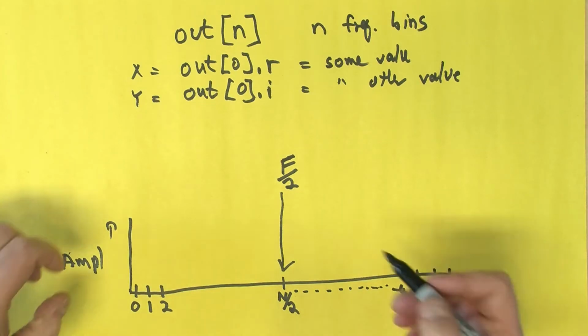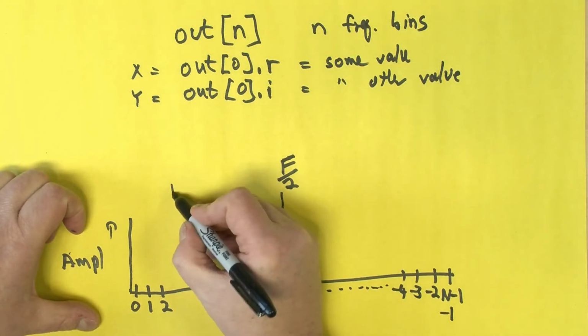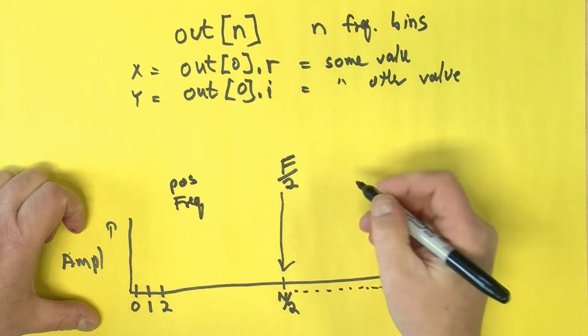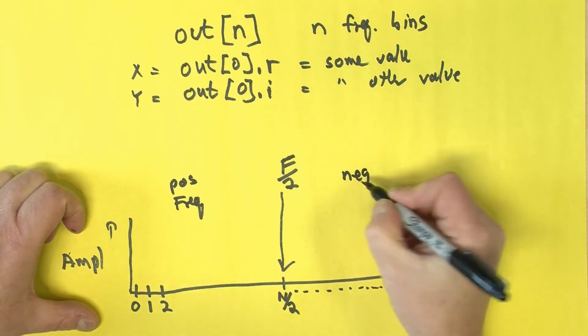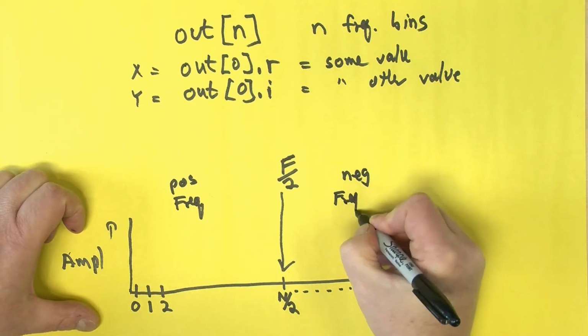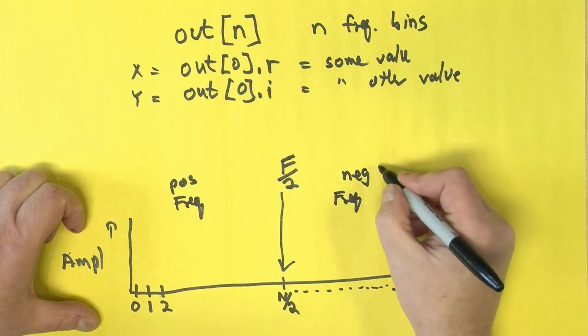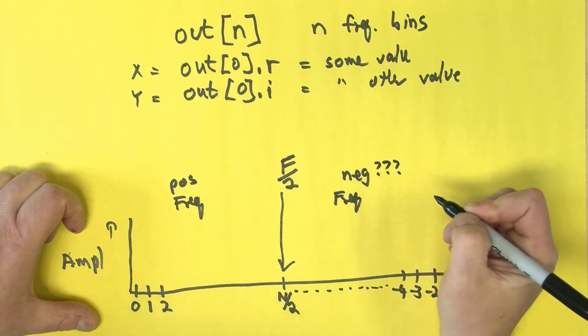So oddly enough, we end up with positive frequencies here, and we end up with negative frequencies here. And we could say, what on earth is a negative frequency?